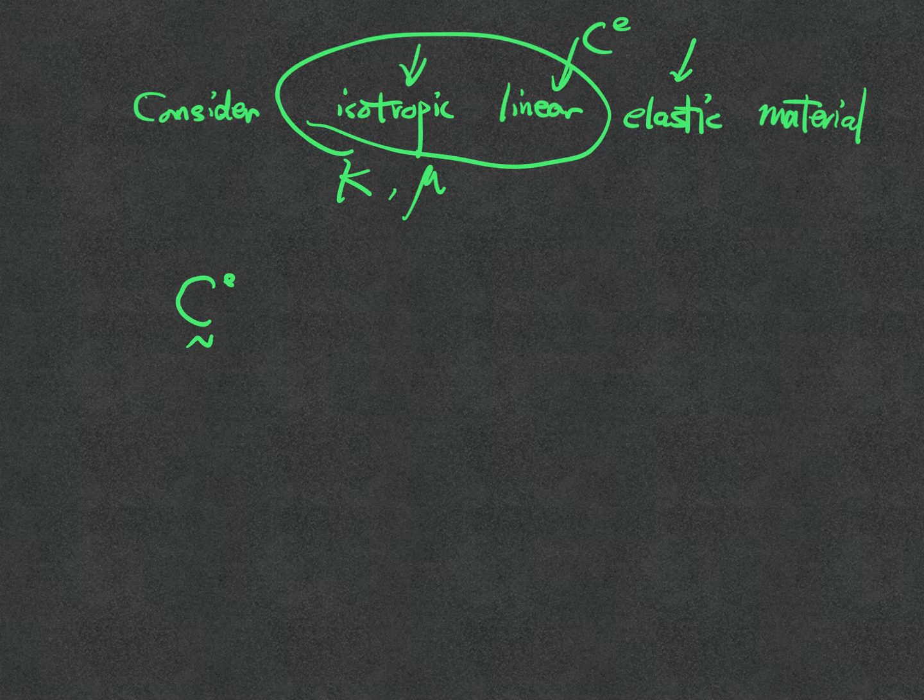Again, if you forget about this, you can find that information from solidmechanics.org by Professor Allan Bower from Brown University, which has a very good description of that. So for this course, I will just directly write the result. So this C^E in isotropic linear elasticity is equal to this. The first term is the bulk modulus. The second term is related to the shear behavior.